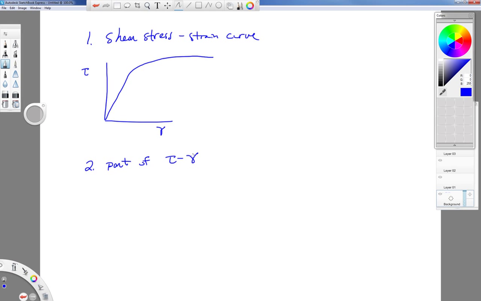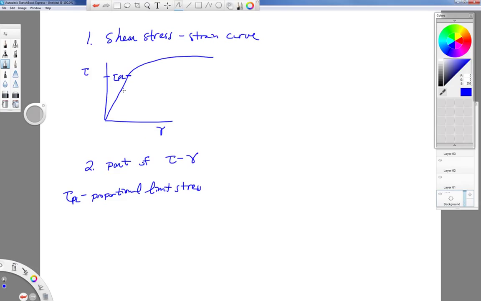And we can identify some particular parts of the shear stress strain curve. Just like we had for stress strain in tension, we have a proportional limit stress in shear. It's the highest stress before it gets into the curvy part of the stress strain diagram.